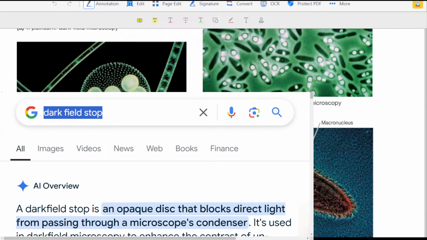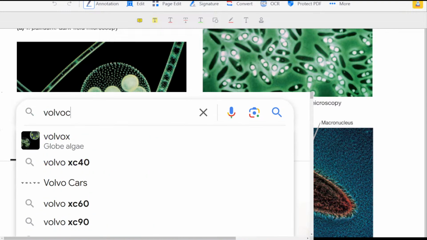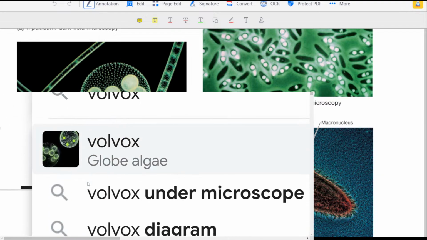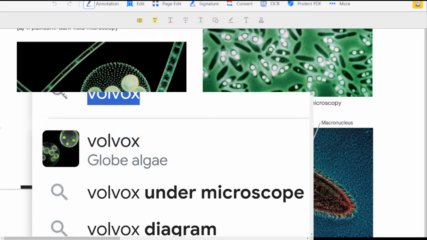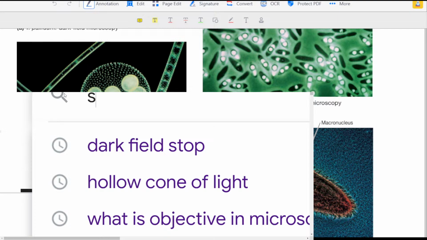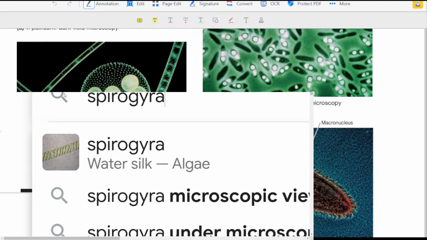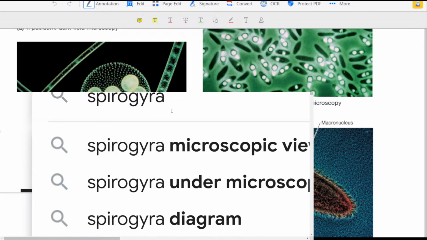Let me see the separate diagram. Yeah, here. Look at this, guys. We don't even need to search it. Volvox, this is how it looks, while the Spirogyra looks like this. Dark field.